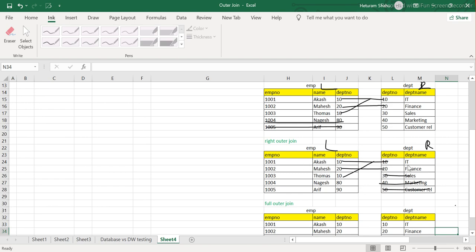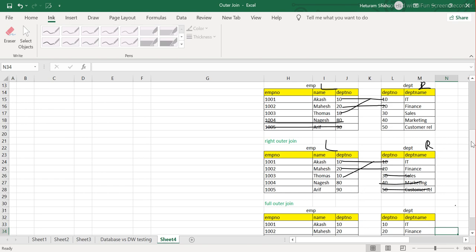First matching is already done. Now the unmatched records: on the right-hand side everything will be displayed, so 30 sales, 40 marketing, 50, and for the corresponding employee number, employee name and department number, it will all be null. This is how it will be displayed. I will show you how it works.